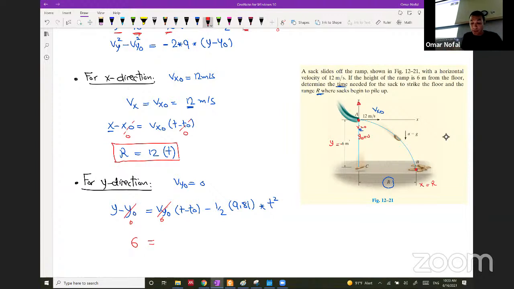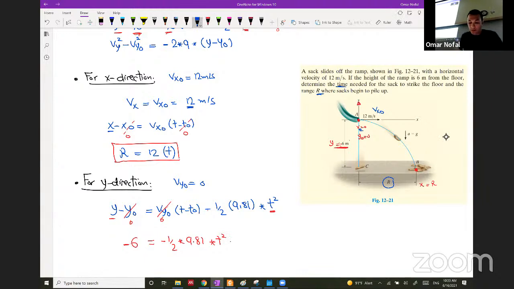I knew that because I have T squared here and this should be negative, so this negative could go with this negative. The final Y is equal to negative 6, because this is down below the x-axis. So negative 6 will be equal to negative 1 over 2 multiplied by 9.81 and multiplied by T squared.